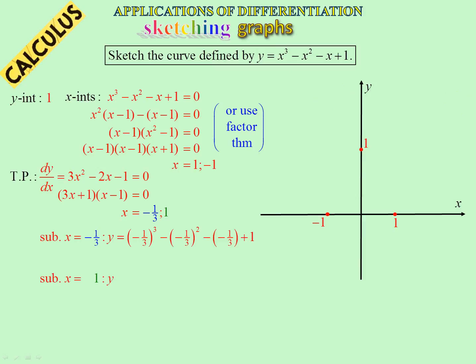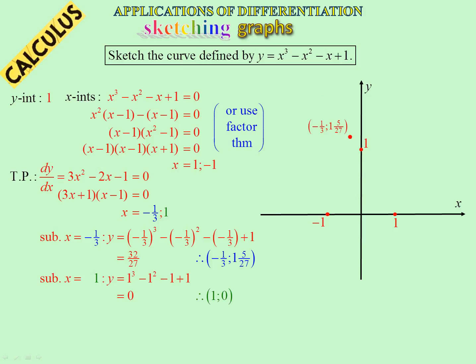Use your calculator to do that. And if you could use your memory bank especially, that makes it very useful. And there's the first stationary point. And the other stationary point.